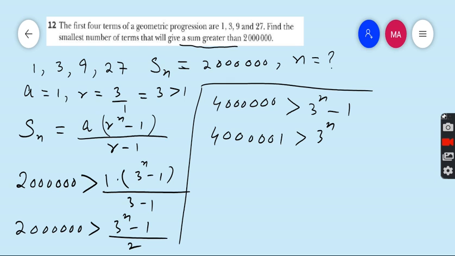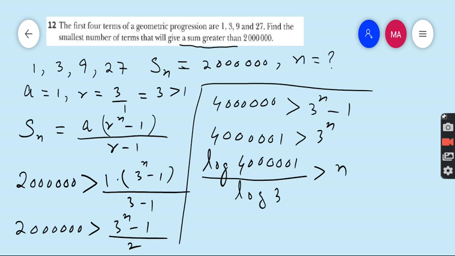In order to find the value of n, we should take logarithm on both sides. So log 4,000,001 divided by log 3 greater than n.